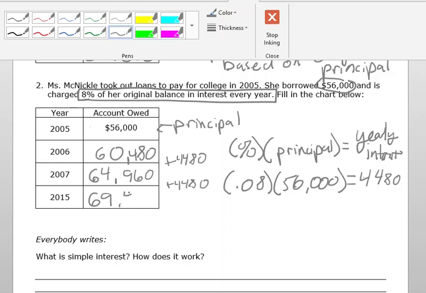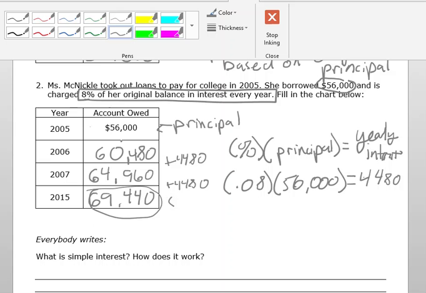All right. So in 2015, this is going to be what Miss McNichol owes on her original loan of $56,000.